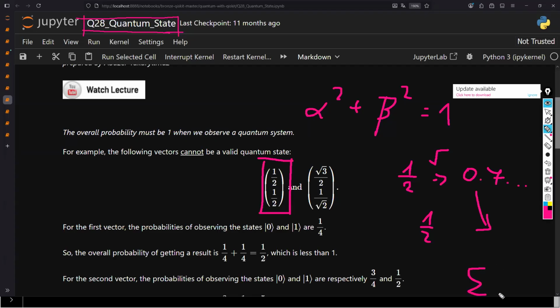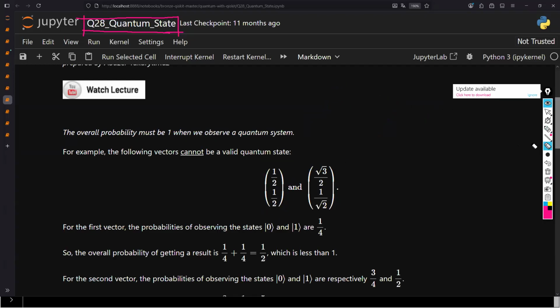The sum will equal 1.4 or even more. So this is not a valid quantum state, and I cannot obtain it on the quantum hardware.